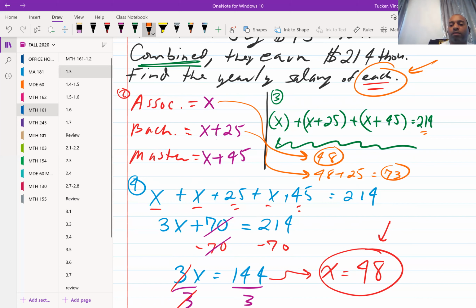So that'd be 73. And then here, 48 plus 45, which is 93. And those would be your three salaries.